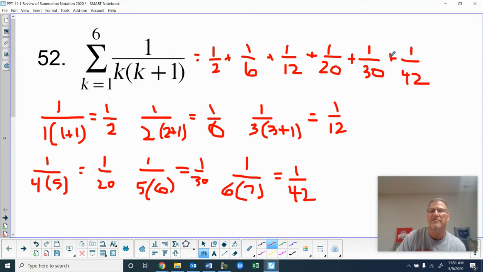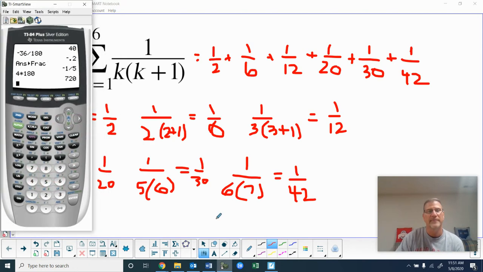All right, so I just do it on my calculator. All right, so let me show you. All right, clear that out. All right, so when we do fractions in this calculator, remember, put them in parentheses. So 1 divided by 2 plus, oops, put the correct 1 over 6.